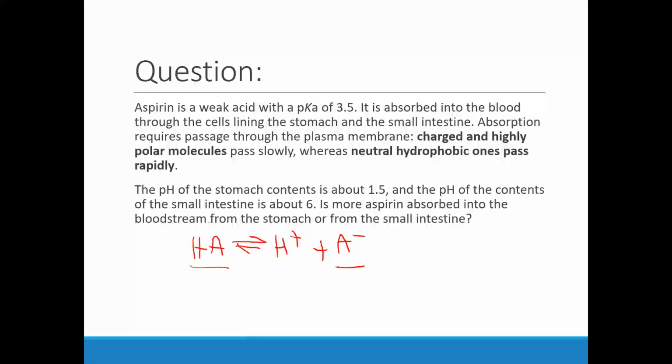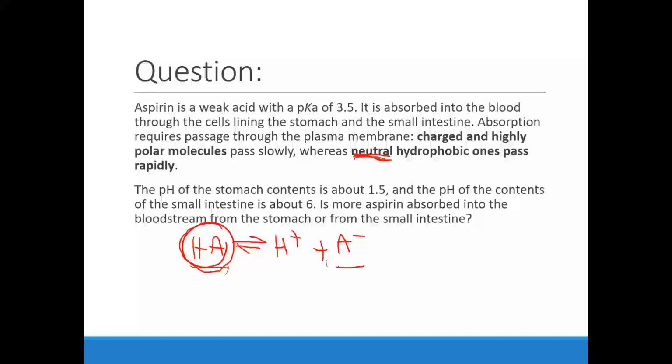You can just understand that the conjugate base form is going to be more charged, polar. It has a negative charge on it. Whereas when aspirin is in its acid form with the proton still attached, it's a little bit more neutral. So that means we want to have, based on what we're seeing here, something that is more neutral, so more HA.